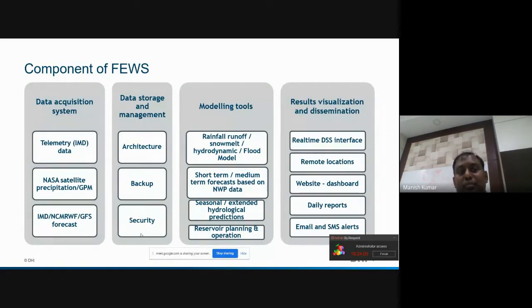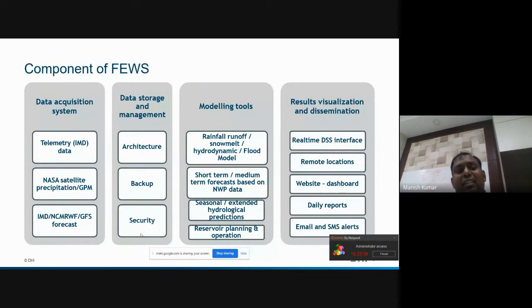Then near real-time precipitation is provided by GPM. So there is a 5 to 6 hours lag period, but almost in real time, you get this satellite-based precipitation. And then there are forecasting agencies: IMD, NCMRWF, GFS.